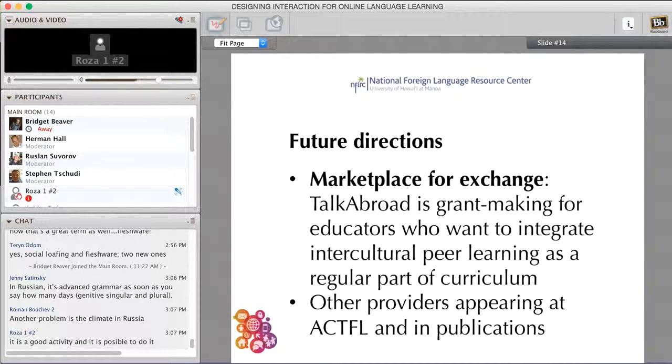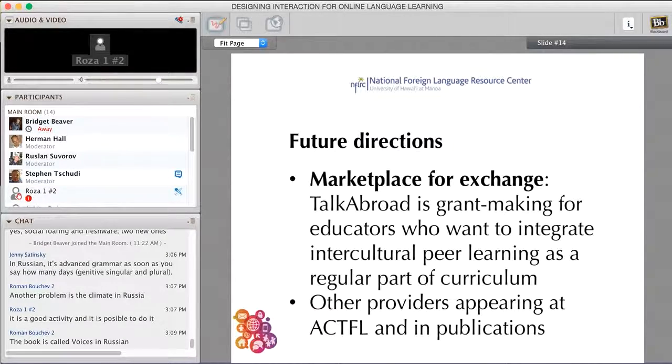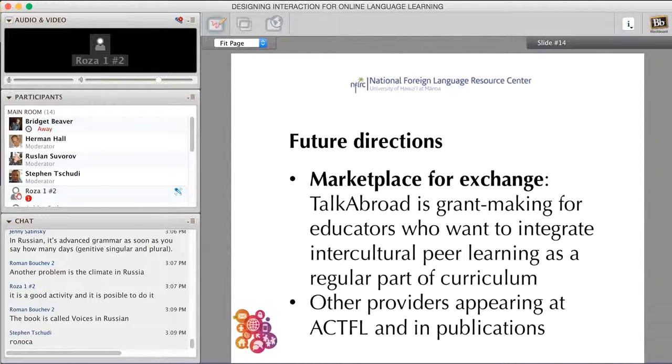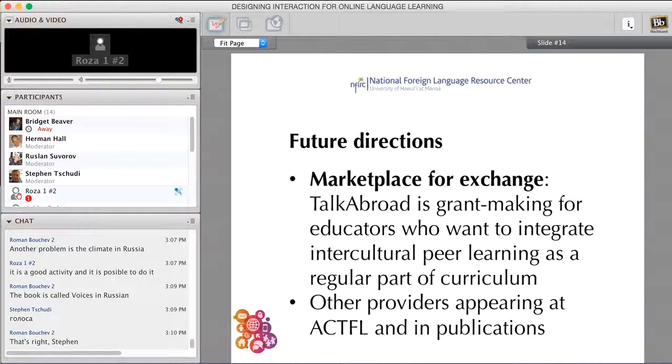I think this is a great idea, and many classes use a book called Galasa, where we have a chapter on clothing, and students learn, this is beginning Russian, all the clothing vocabulary. And we had a conversation over Skype with students from different areas, from Moscow, from Siberia, and from the Black Sea area, about what they are wearing.